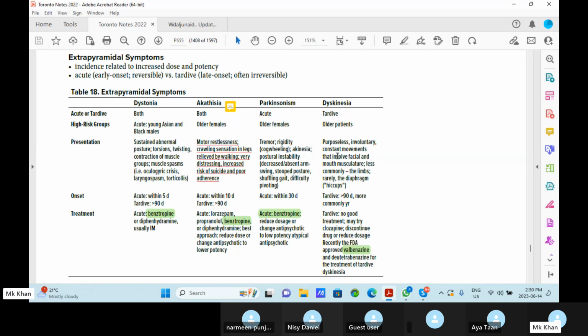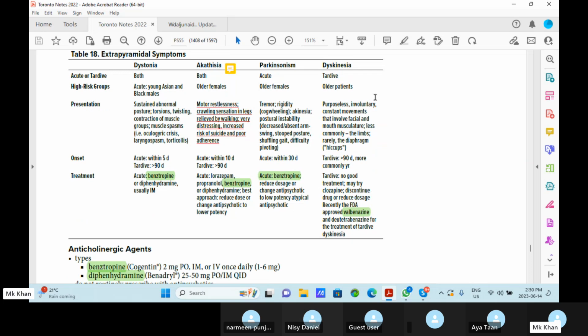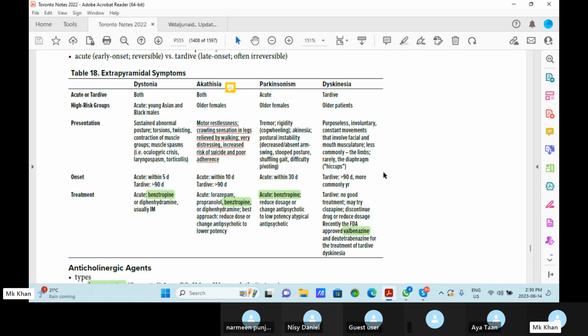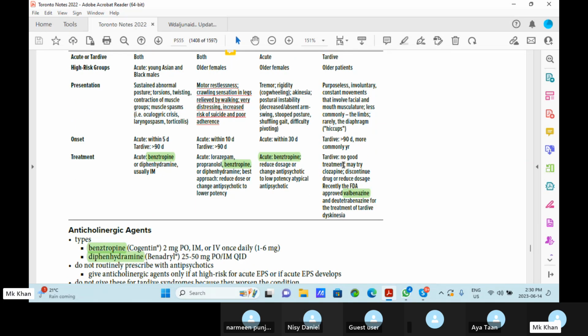And then tardive dyskinesia is purposeless, involuntary, constant movement that involves the face and mouth, less commonly the limbs, rarely the diaphragm, like hiccups. So all the involuntary movements are present in dyskinesia. And there is no good treatment. May try clozapine, as was mentioned.